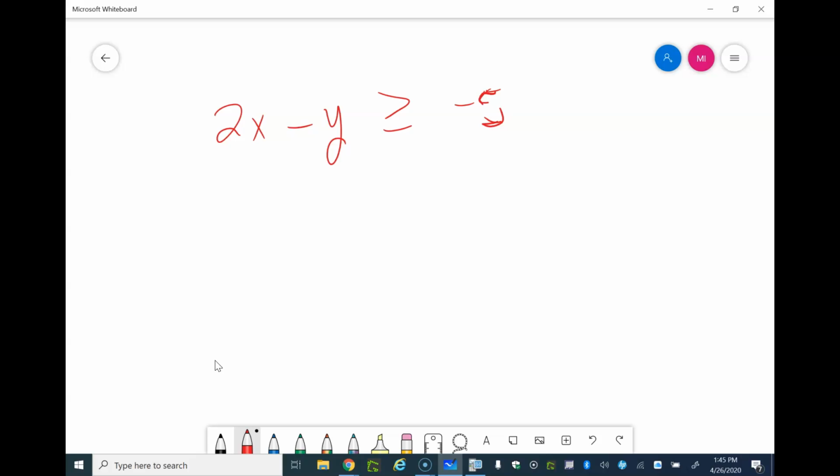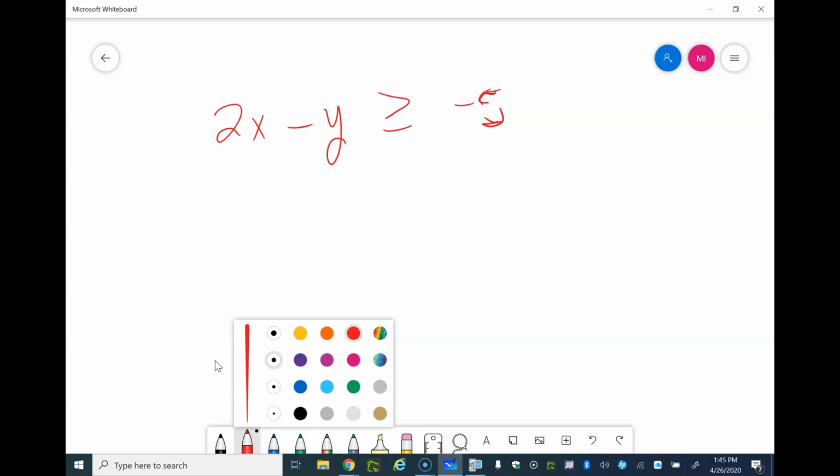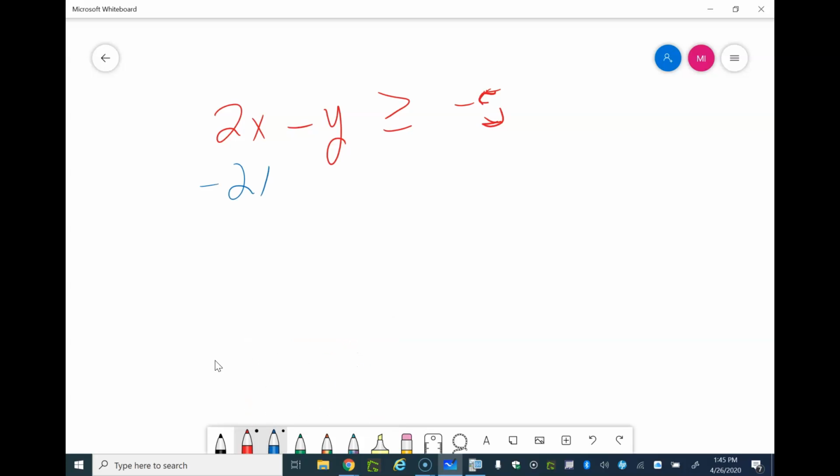We already know we have to solve for y by getting y by itself. So we're going to subtract 2x from both sides. This cancels, so we have negative y is greater than or equal to negative 2x minus 5.